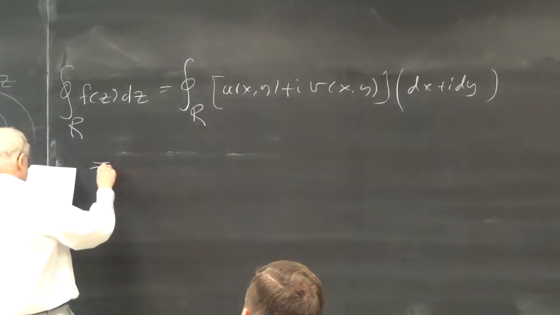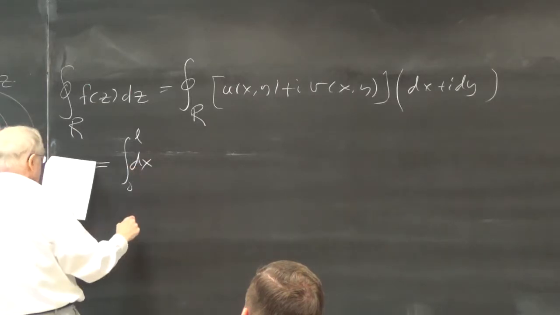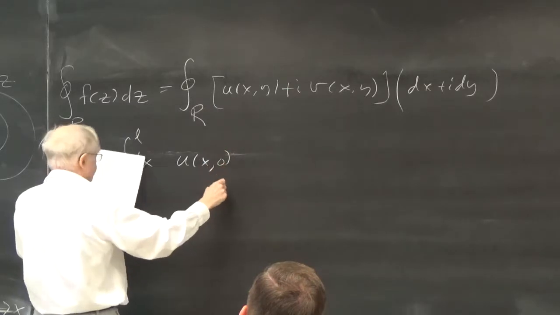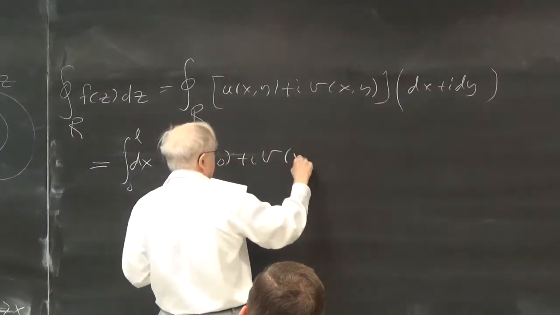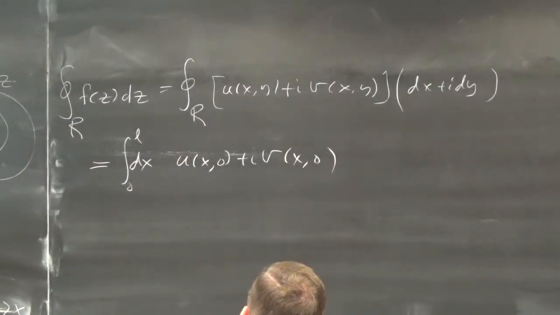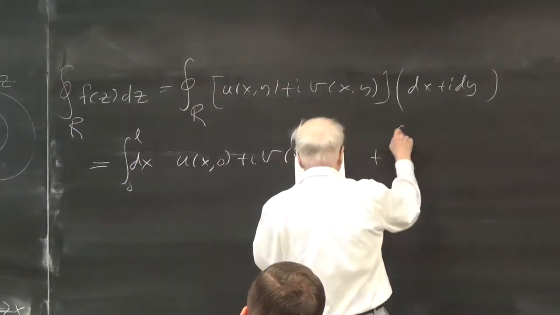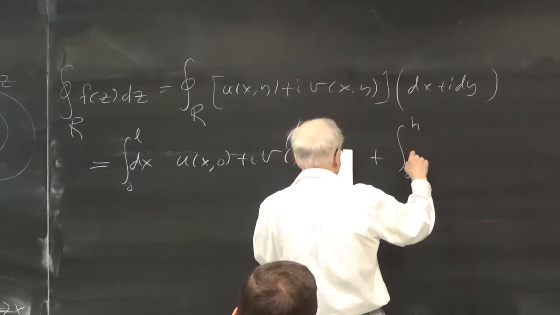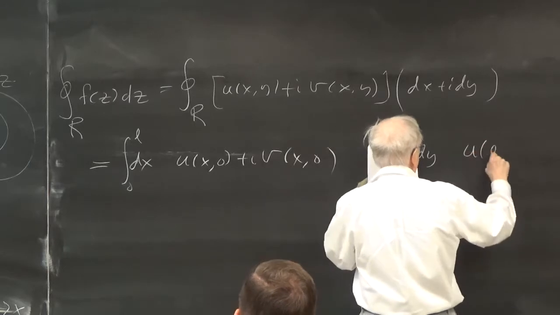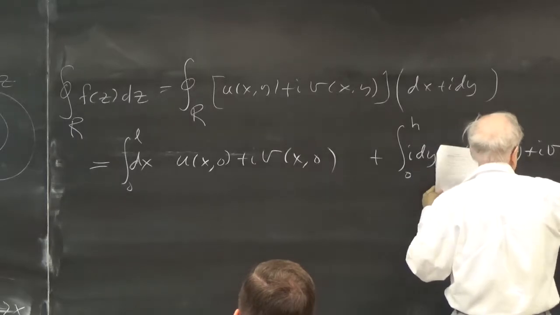If we do, what we get is an integral 0 to L dx, just in the x direction, of u of x and 0 plus i v of x and 0, and y is equal to 0 because we're going along this line here, and then plus an integral 0 to h i dy of u of L and y plus i v of L and y.